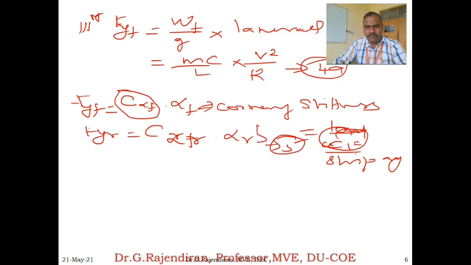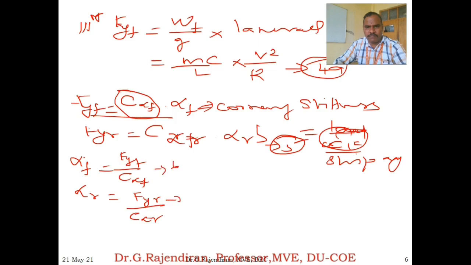Clear? So from this equation we can identify alpha F is equal to FYF divided by C alpha F, correct? Then alpha R is equal to FYR divided by C alpha R. Clear? Equations 6, 7.